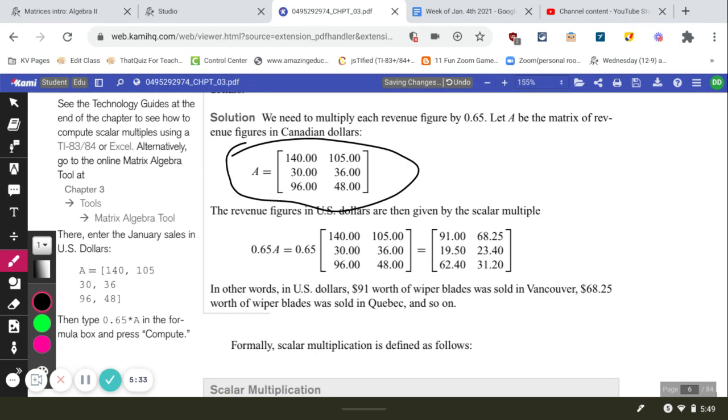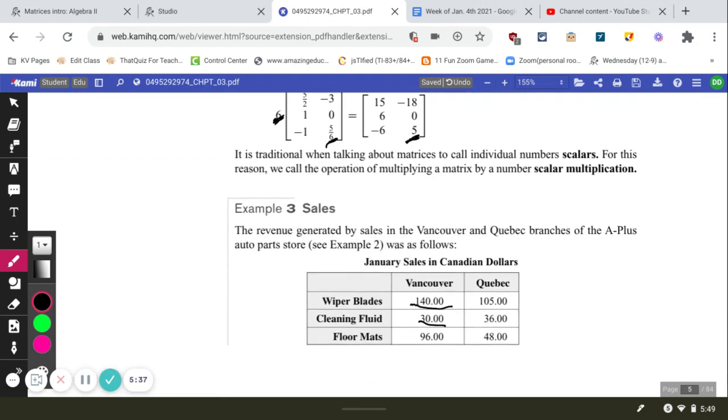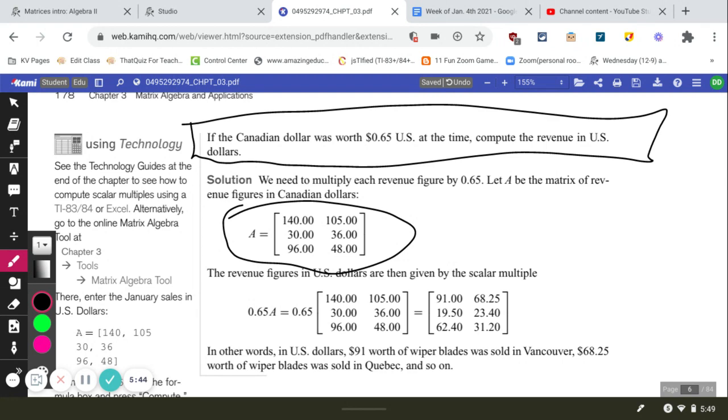Did I miss the question? There we go. Here's the question. If the Canadian dollar was worth 65 cents of a US dollar at the time, compute the revenue in US dollars. So this is that table of information for the Canada store for how much they earned on each one of those.